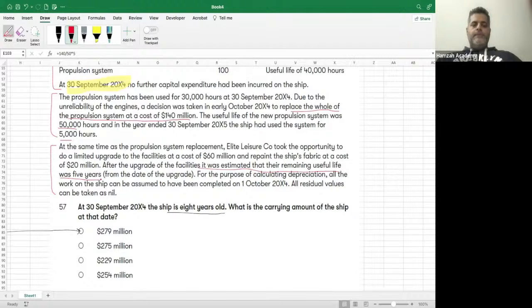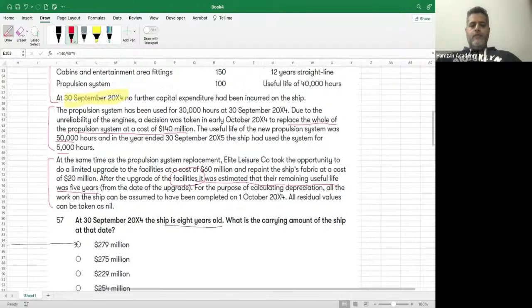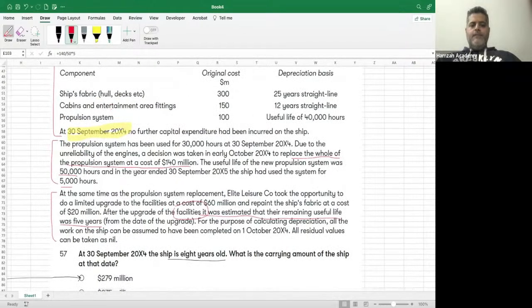Now, if I go over here, these are the facilities, to upgrade the facilities. If I go up, cabin and entertainment area fitting, these are the facilities we are talking about. This cabin area had a total life of 12 years, which is given.